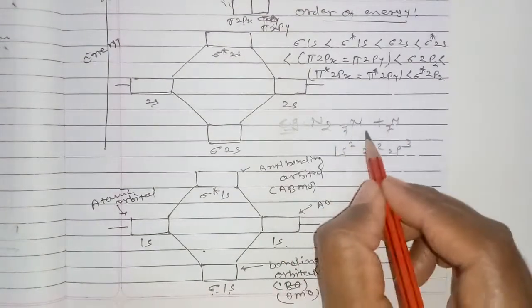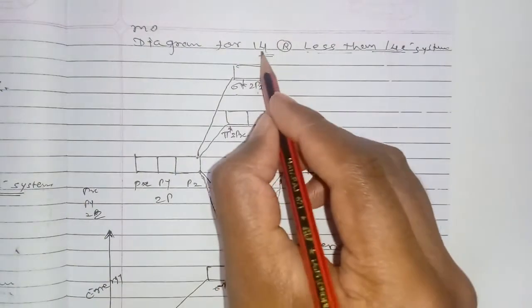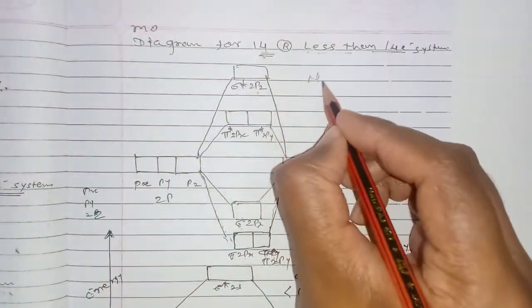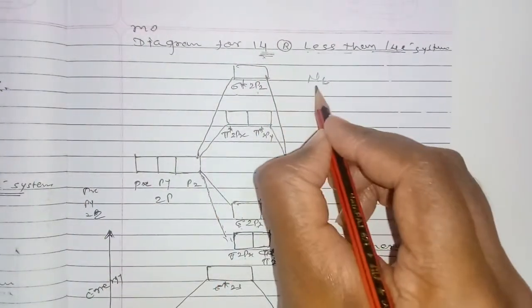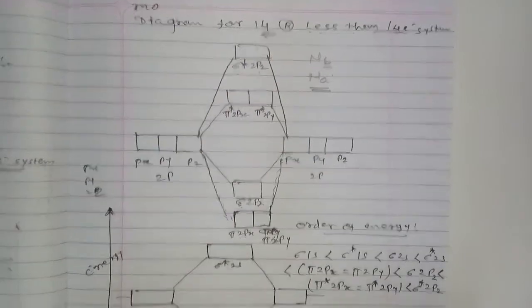The total number of electrons is 14. So this diagram will help us find the number of electrons present in bonding orbitals and in anti-bonding orbitals.